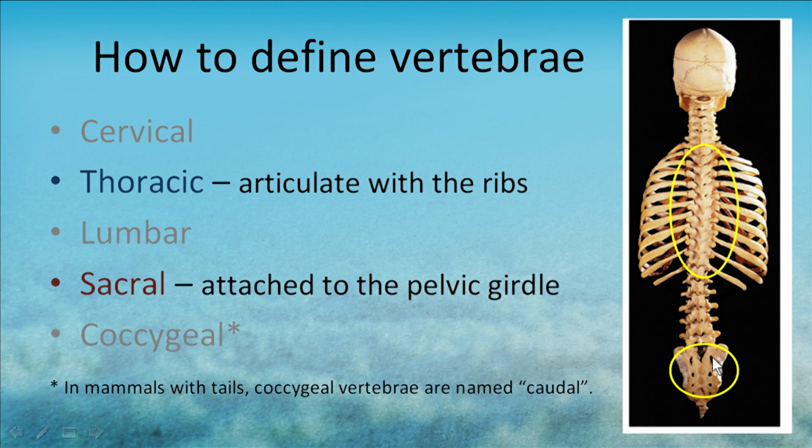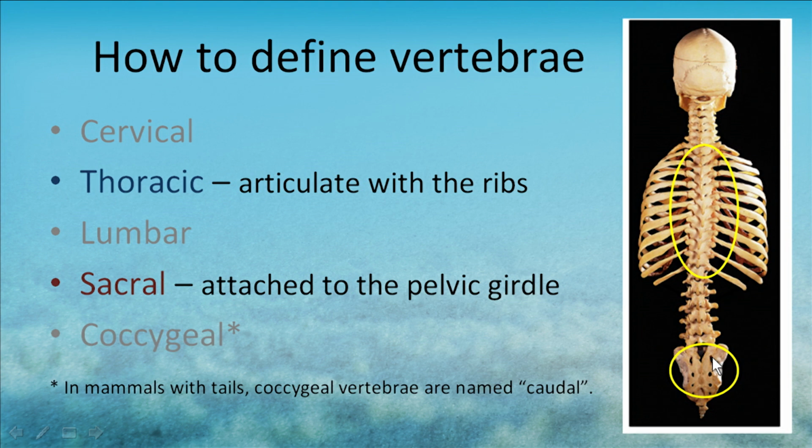And then let's actually define the rest of them. How do we define a cervical vertebrae? Well, the cervical vertebrae are going to be defined as the vertebrae between the skull and the thoracic vertebrae. Likewise, the lumbar vertebrae are going to be defined as any vertebra that's between thoracic and sacral, and the coccygeal vertebrae are going to be below the sacral vertebrae.